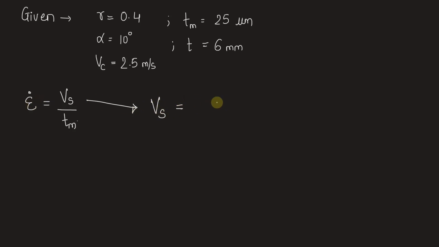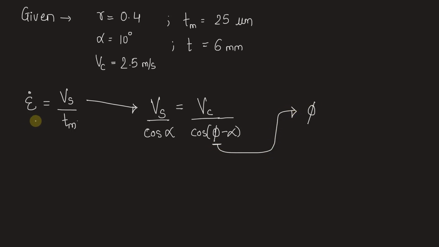Vs is given as, so there is a proportion between the shear velocity and the cutting velocity, that is Vs by cos alpha is equal to Vc by cos (phi minus alpha), where phi is the shear angle. Now we know Vc here, we know alpha here, but we don't know the shear angle. So if we manage to find shear angle, then we'll ultimately be able to find out the shear strain rate.